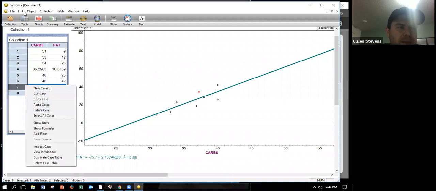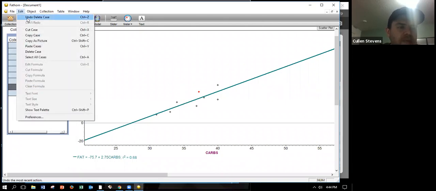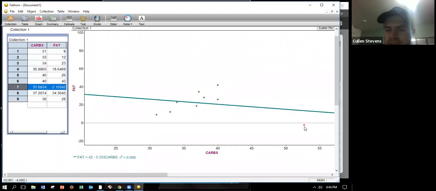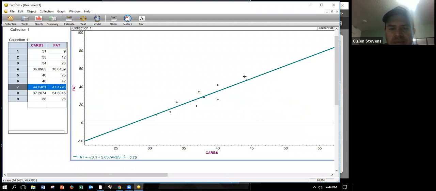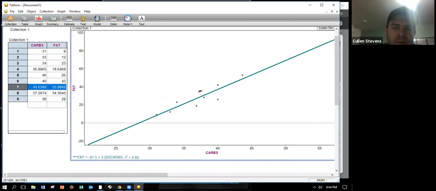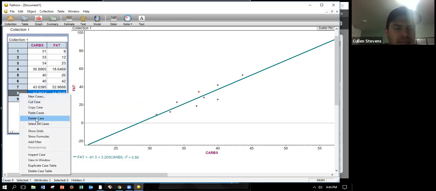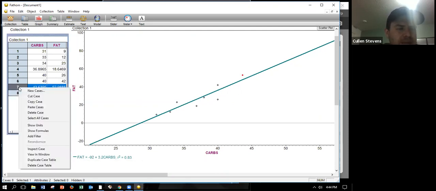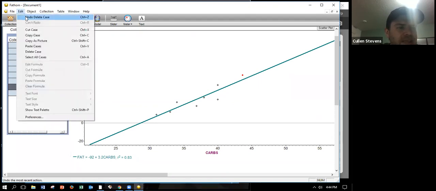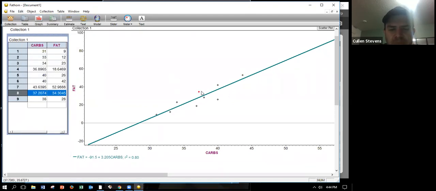I'm going to put that point back. I'm going to put that point kind of back where it was before, kind of over in here. Now, what would happen if I were to delete this one right here, 8? Let's delete that case. Wow, that didn't really move at all, did it? See that again. Here's this point. I'm going to make it go away.